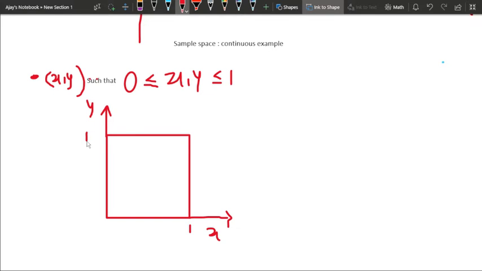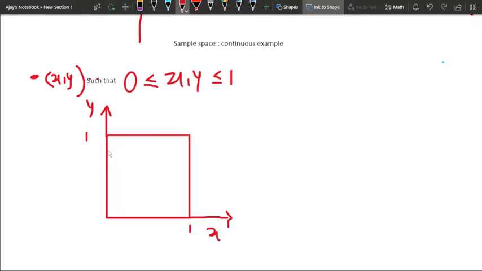There were only 16 possible outcomes, but sample spaces can also be infinite, and they could also be continuous sets. Here is an example of an experiment that involves a continuous sample space.